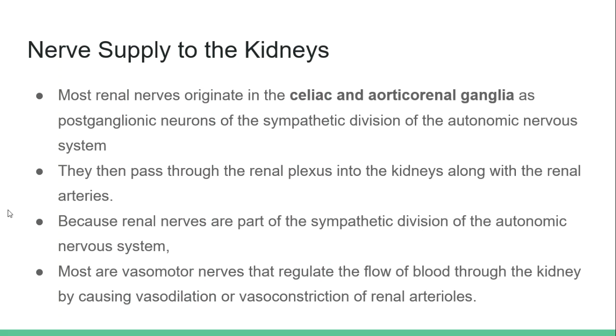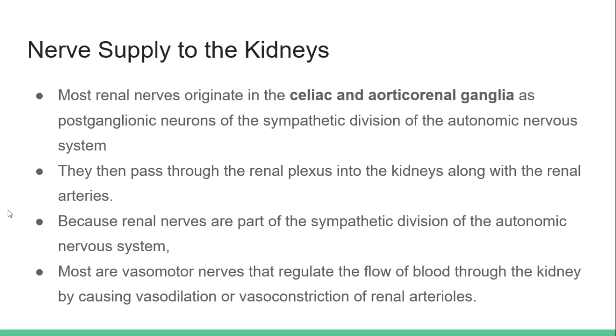We have seen that most renal nerves originate in the celiac and aorticorenal ganglia as postganglionic neurons of the sympathetic division of the autonomic nervous system. They then pass through the renal plexus into the kidney along with the renal arterioles.